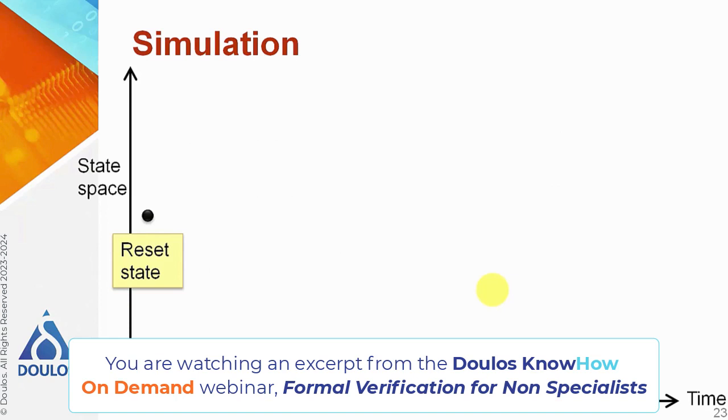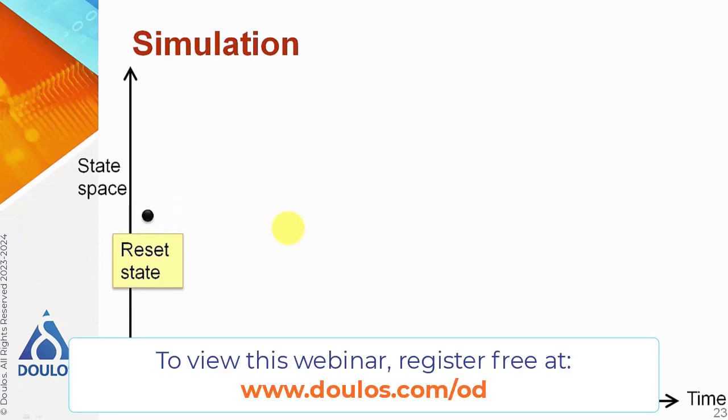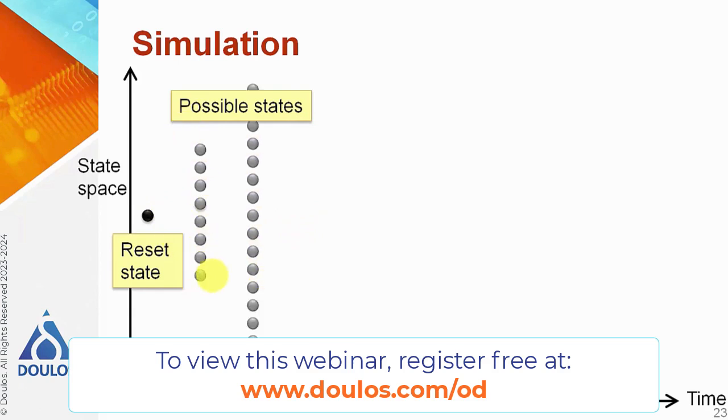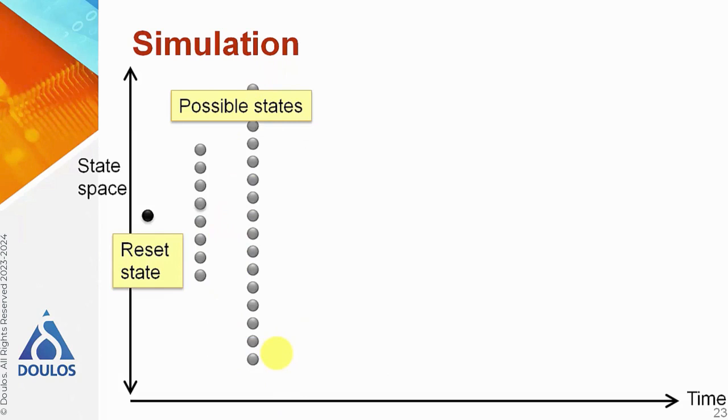We apply our reset signals, and that forces the design into a unique starting point. And we then start simulating, and as we simulate, the design evolves into multiple possible states. So as we step forward clock cycle by clock cycle, the number of possible states that the design could be in explodes to soon reach an astronomical number.